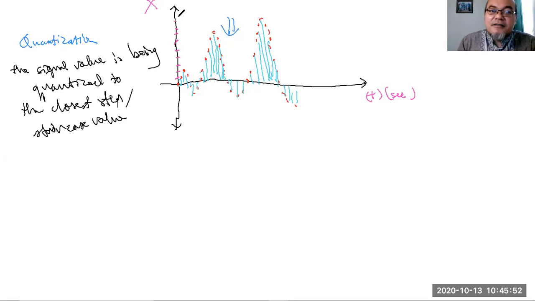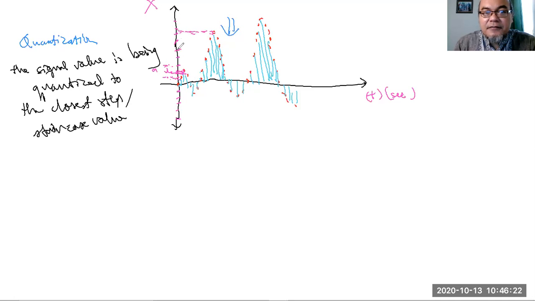So this continuous value, let's say a value of a, will be rounded to the value below it, and maybe this other one will be rounded too.